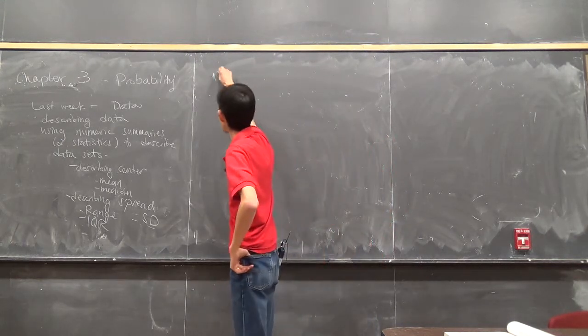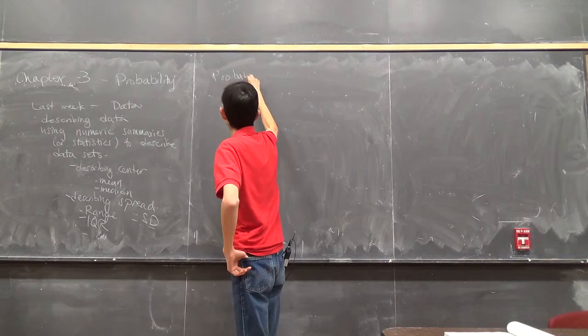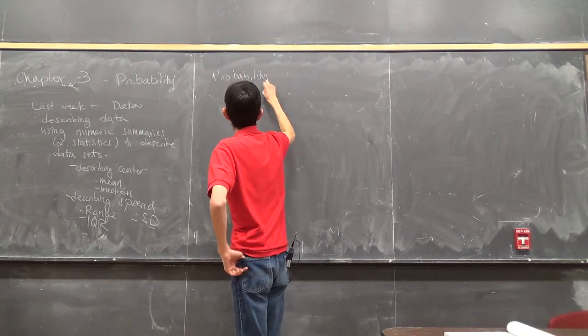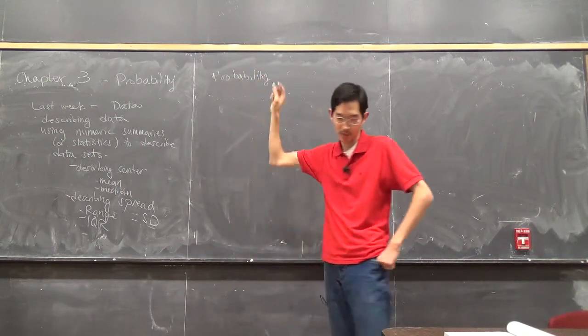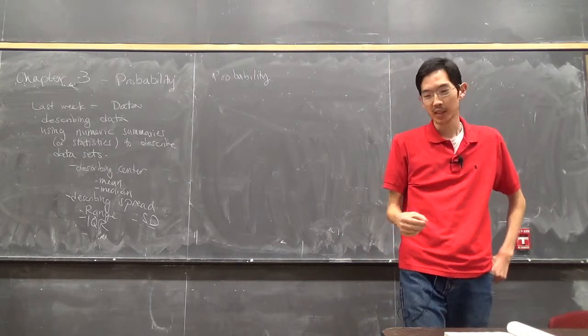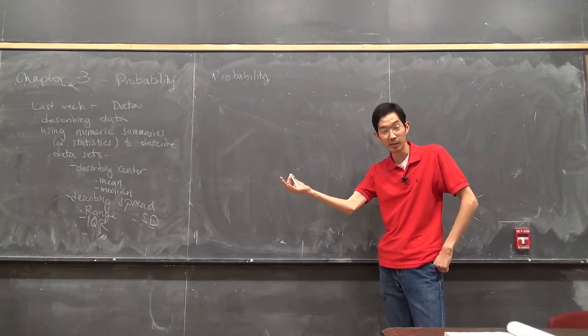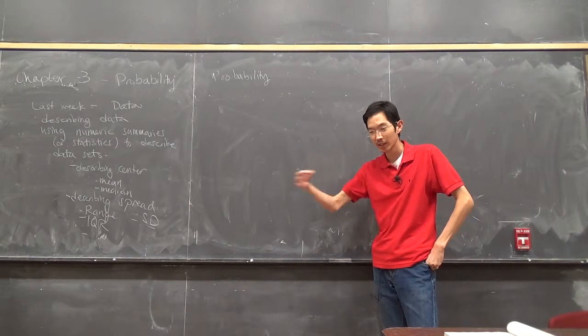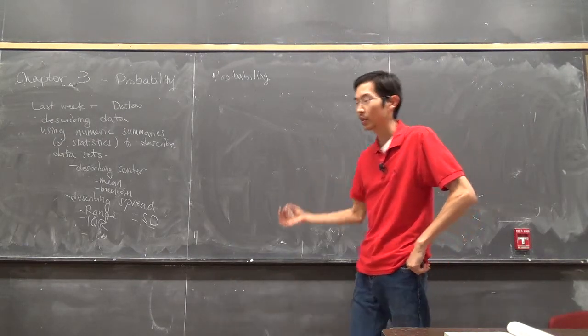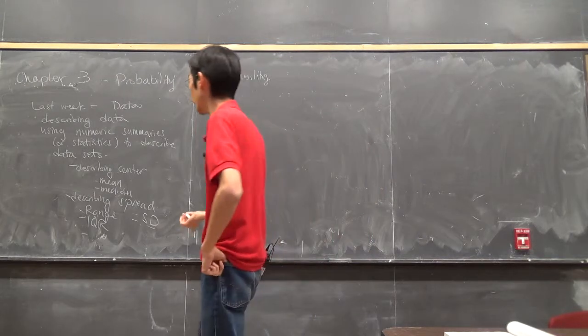So probability is all about how likely or unlikely unknown outcomes are. Okay, so we have something that's unknown, we can talk about the probability of a certain outcome.